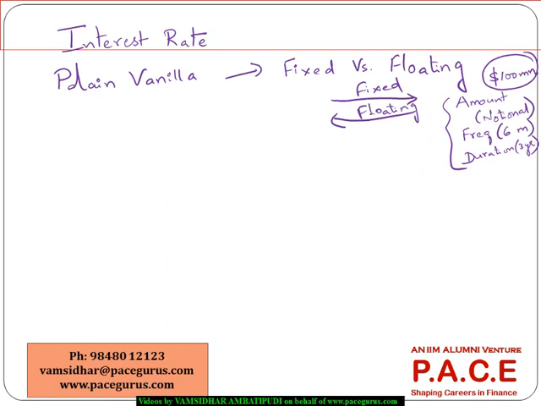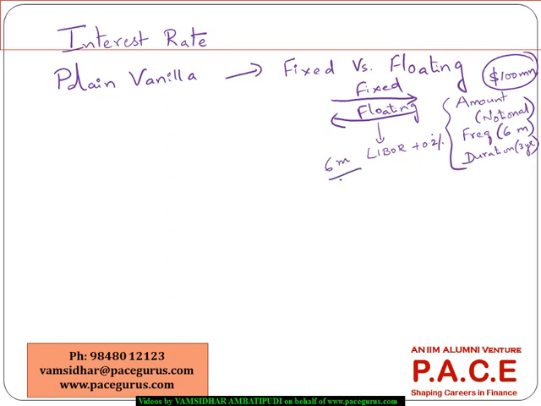Even the dimension for the floating, okay, it is going to receive LIBOR, or probably LIBOR plus 20 basis points, which is plus 0.2%. And the quote is on 6-month LIBOR.